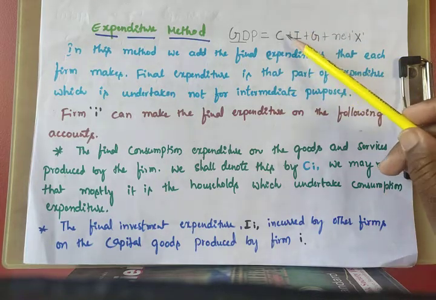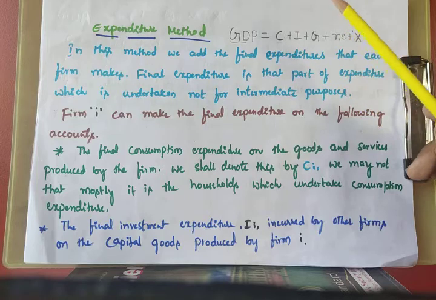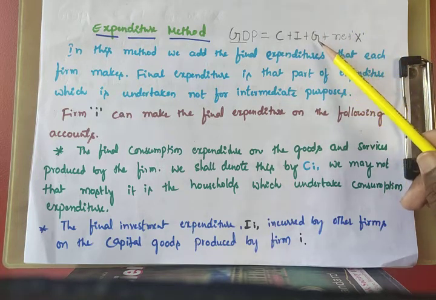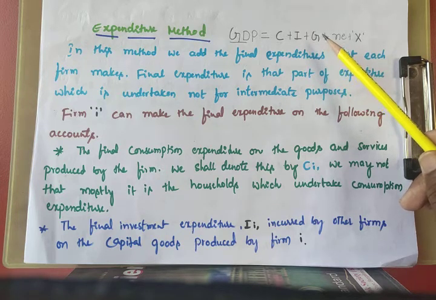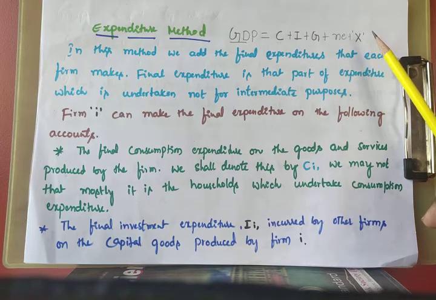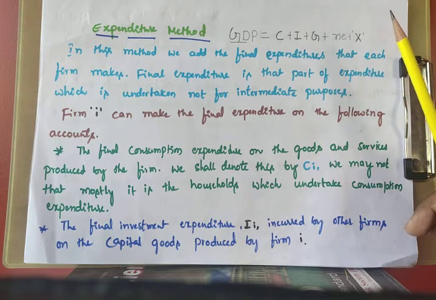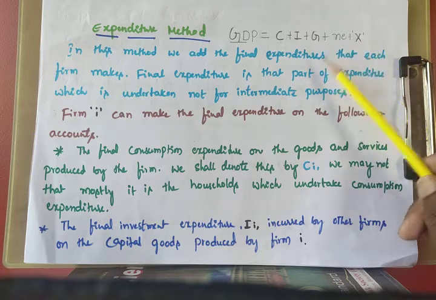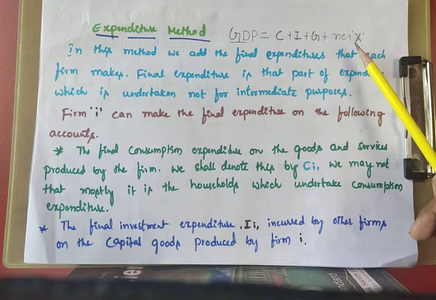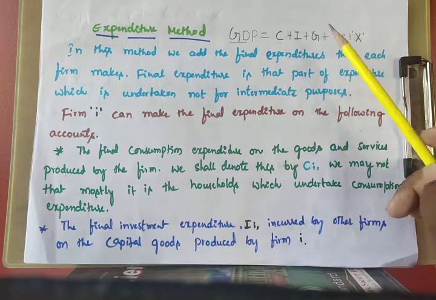That is consumption expenditure done by the private sector, investment expenditure done by the private sector, investment and consumption expenses by the government, and exports, meaning the value of goods and services exported to other countries. How much is spent to export to other countries is called final expenditure. This is a very important formula to calculate national income under the expenditure method.